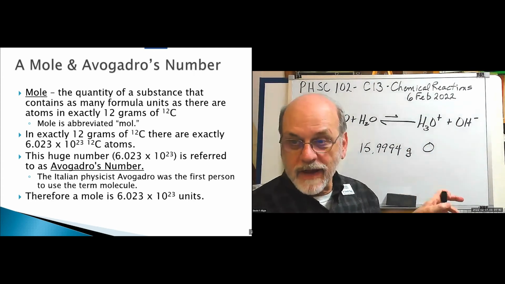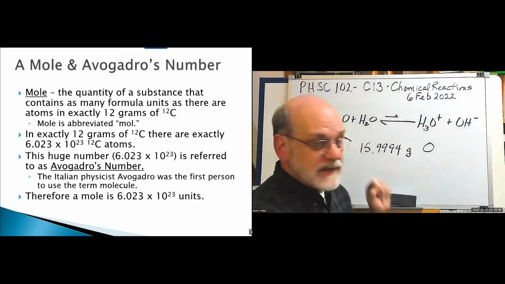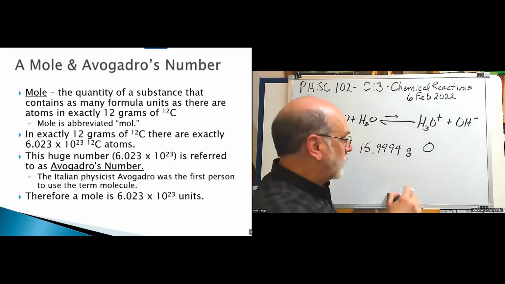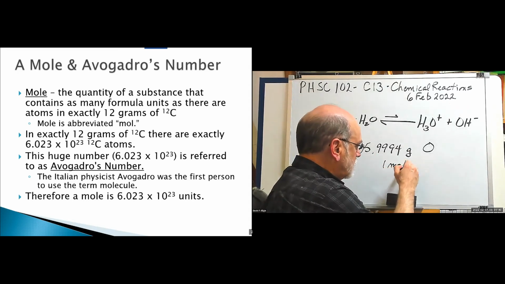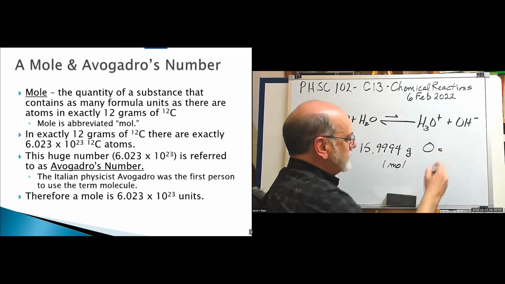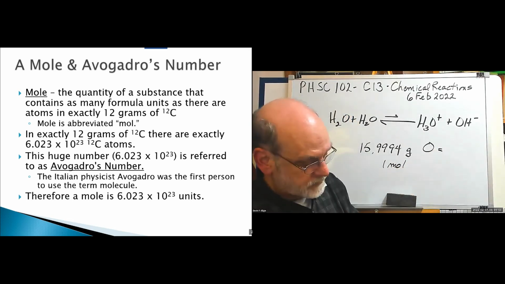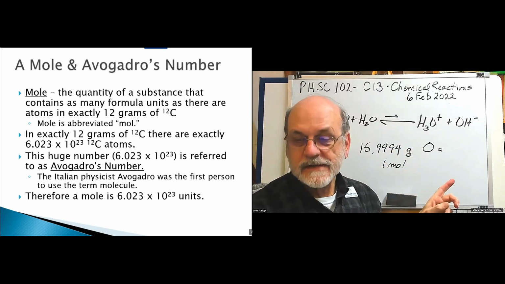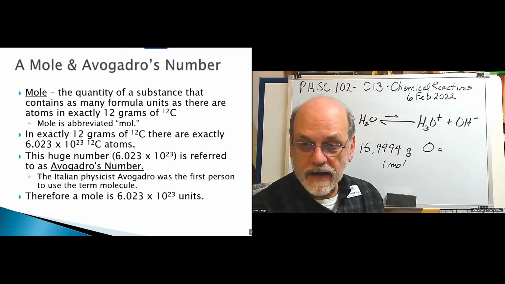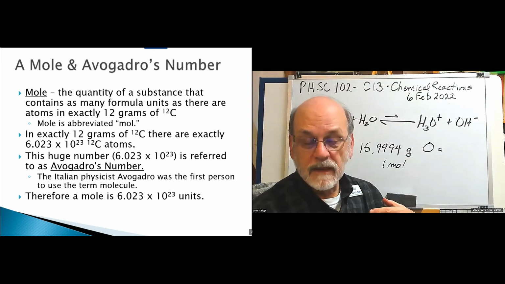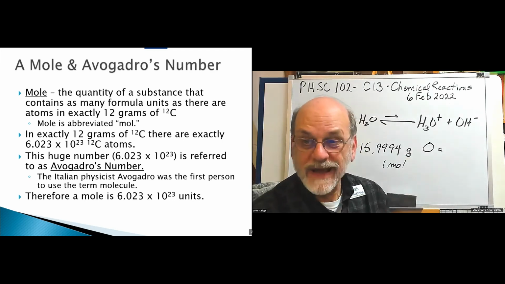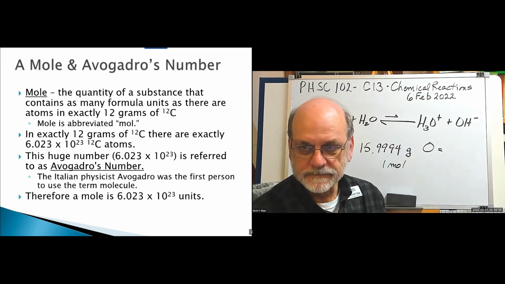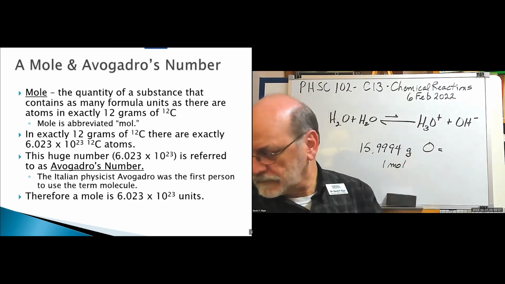If we have that many grams of oxygen atoms, we have 1 mole. Okay. Now we have an equivalence. This many grams per mole, which is a conversion factor. This is the atomic weight of oxygen, roughly 16.